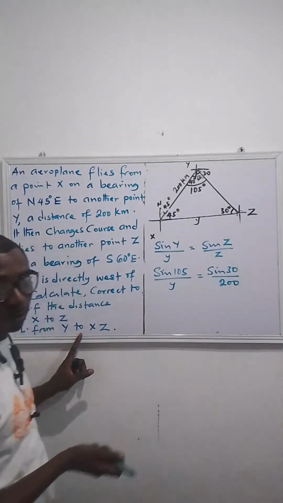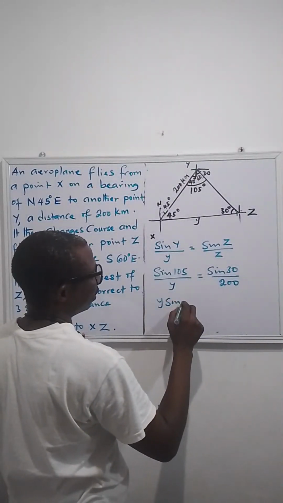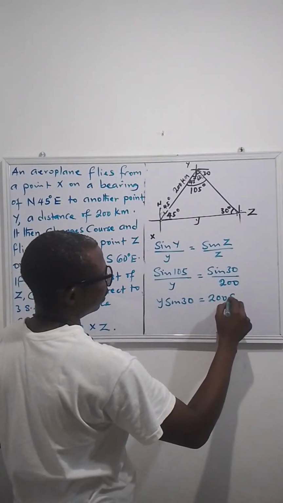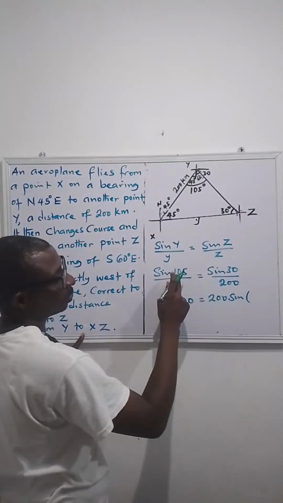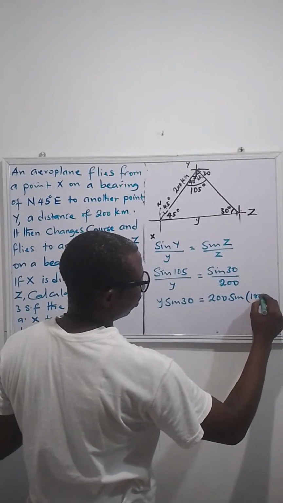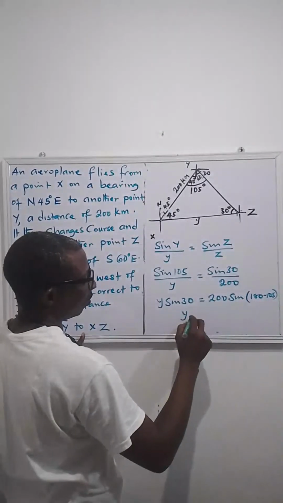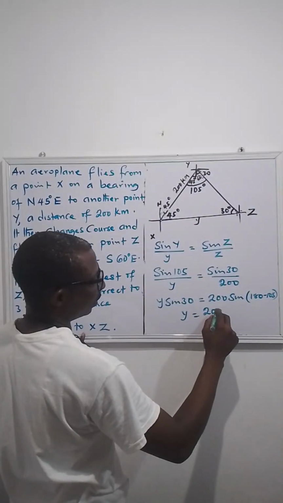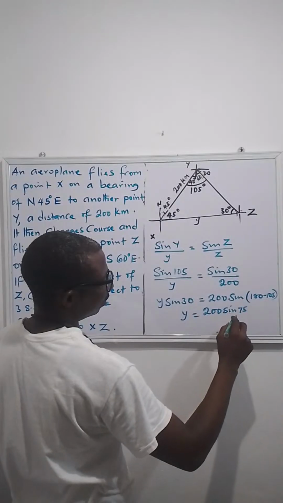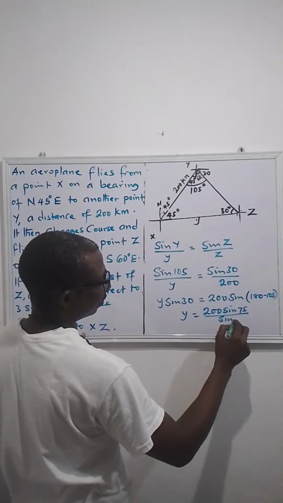Here you can cross multiply. We have y sine 30 equals 200 sine, and you can simply take this away from 180. We have 180 minus 105. So we have y equals 200 sine 75 over sine 30.